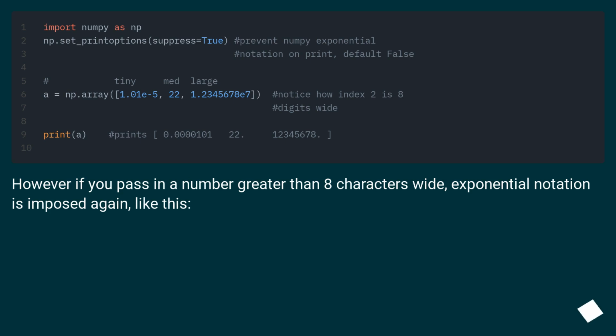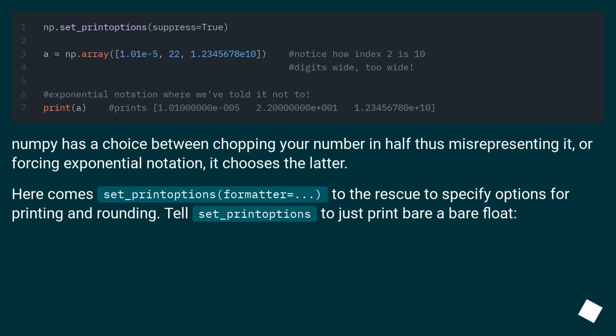However, if you pass in a number greater than 8 characters wide, exponential notation is imposed again, like this. NumPy has a choice between chopping your number in half, thus misrepresenting it, or forcing exponential notation.